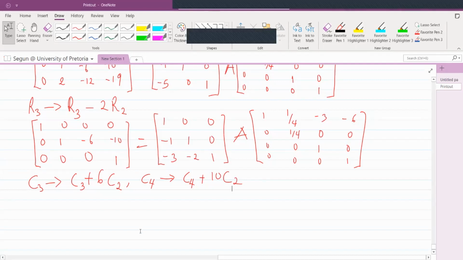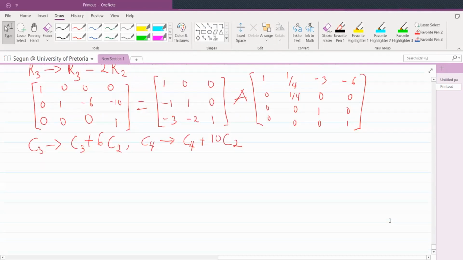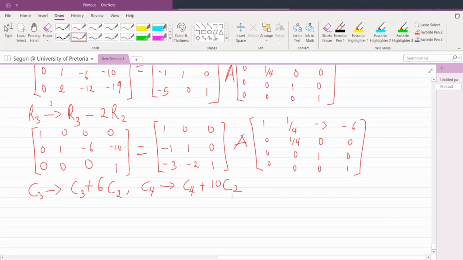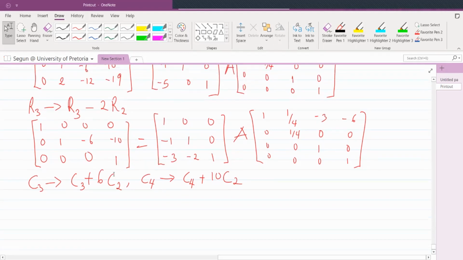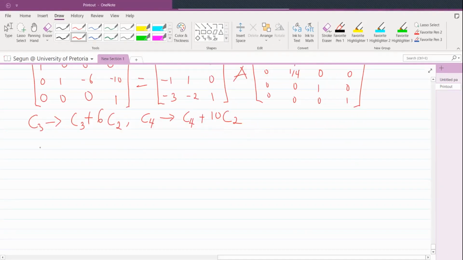So let's continue. These are the applications we are talking about. For this one, we are working on columns. If you are working on columns, how do we do it? So let's start. Our first column will remain because we didn't mention it here.